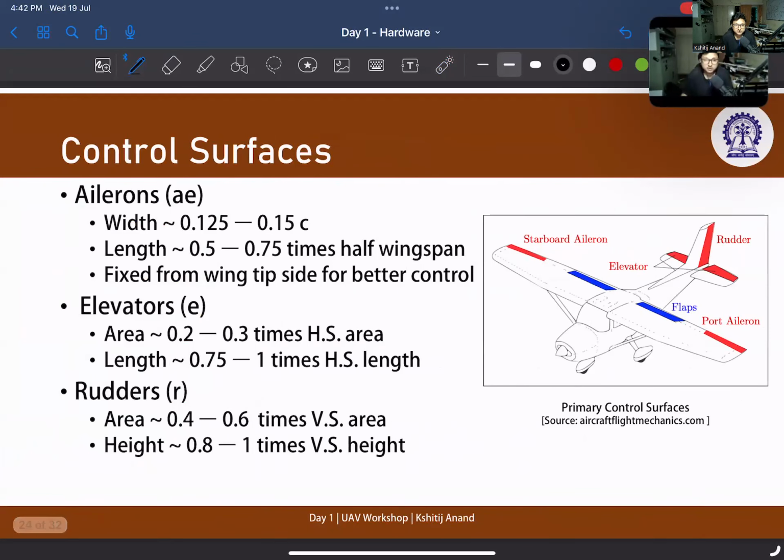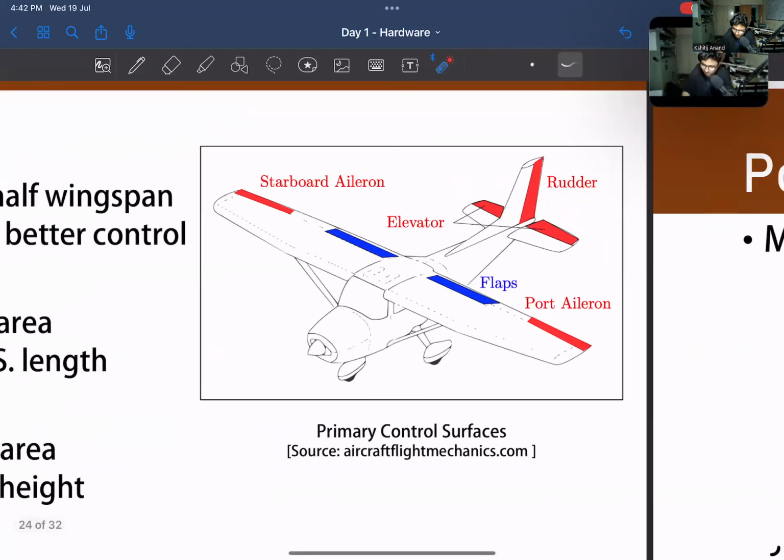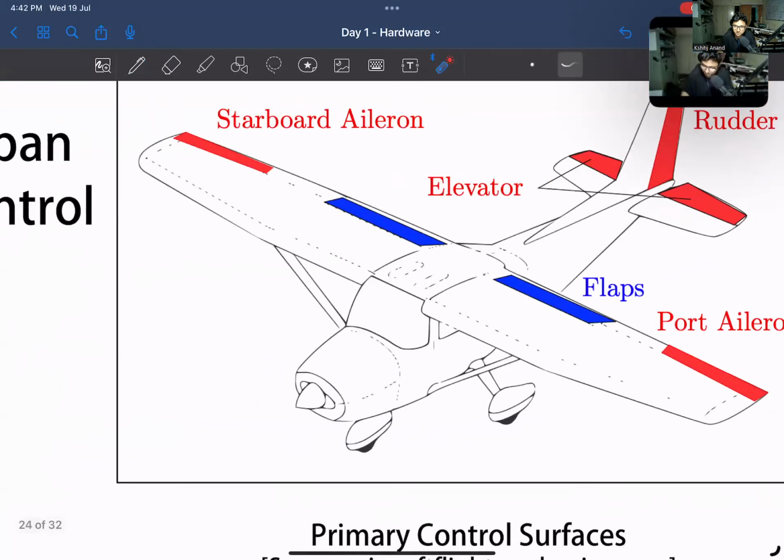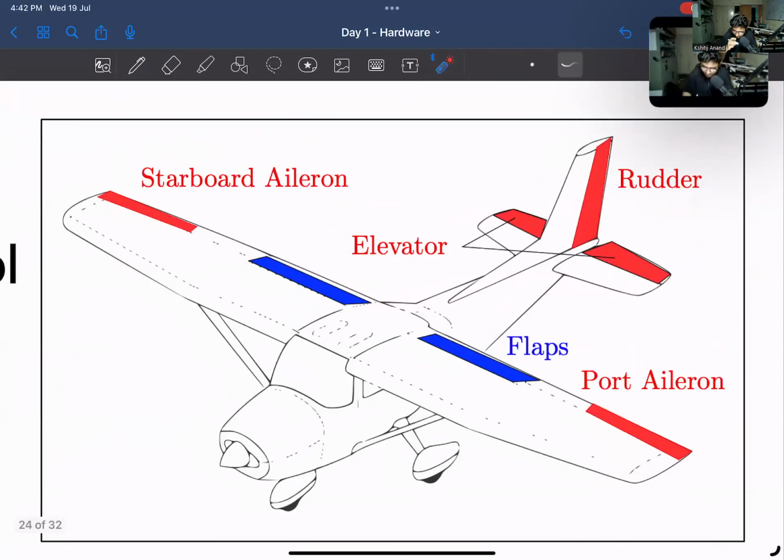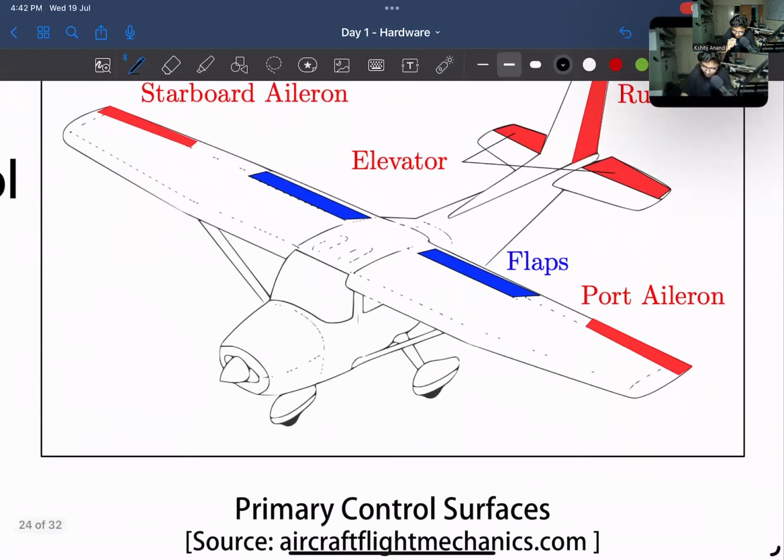Moving on to control surfaces, these are the standard values that you can use for designing ailerons, elevators, and rudders. I am not going to go over the values in detail, but looking at this picture is important, because this is a great diagram to tell you about the body frame axis.